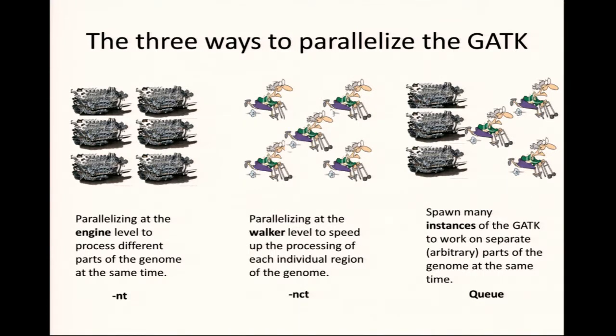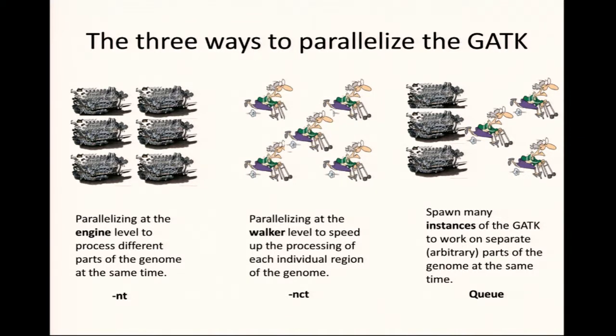So the engine is serving all this data, and the walker itself is being spawned multiple times into all these different cores, and the engine is just serving them little pieces, saying process this, process this, process this, and as the results come back, the engine just gives it the next obvious piece of the data to process. So this is still traversing the genome in a contiguous fashion, but you can imagine there are many walkers, and the engine is just serving them in parallel. So that's the -nct option.